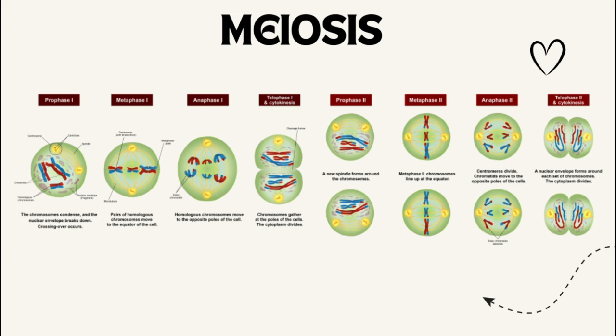So at the end of the day, we have 46 chromosomes in total, 23 from each parent, and 23 and 23 make 46. So these homologous chromosomes become condensed, the nuclear envelope breaks down, and crossing over takes place. That's one way of getting genetic variation.